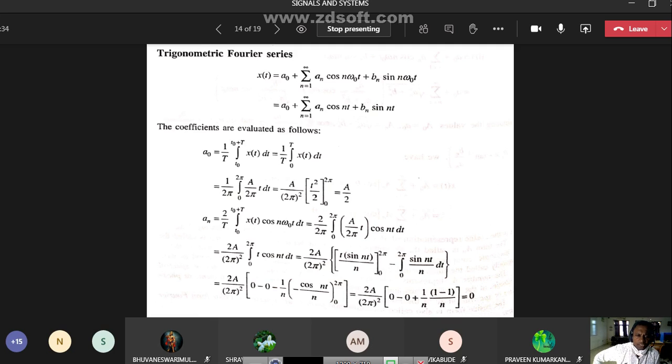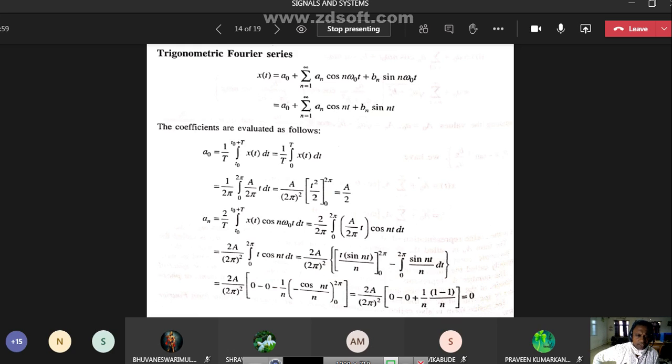Then if you substitute t is equal to 2 pi, sin 2 pi n, sin 2 pi is 0 always, again if you substitute t is equal to 0, sin 0 is 0. So therefore this entire bracket term becomes 0, and only the remaining thing you will get. If you integrate this, the minus 1 by n you can bring outside, and only sin nt.